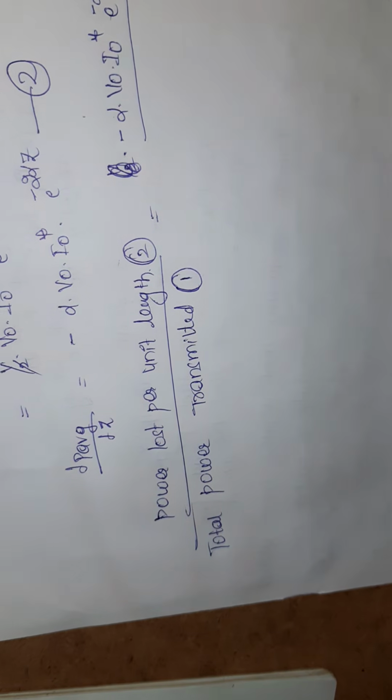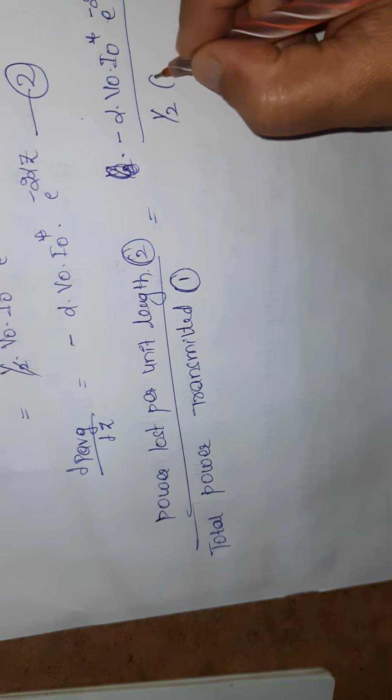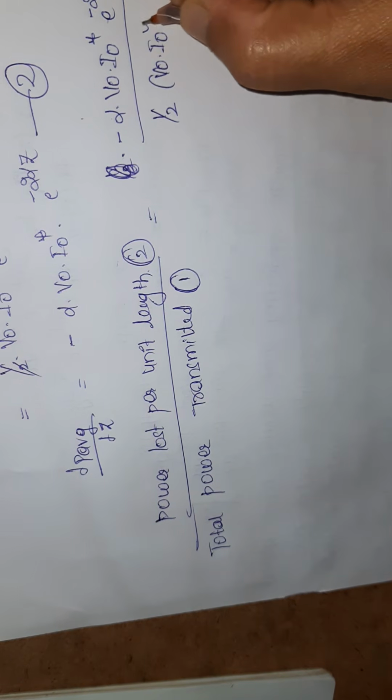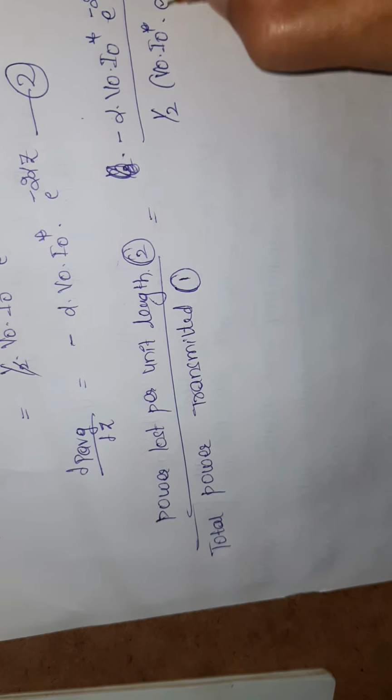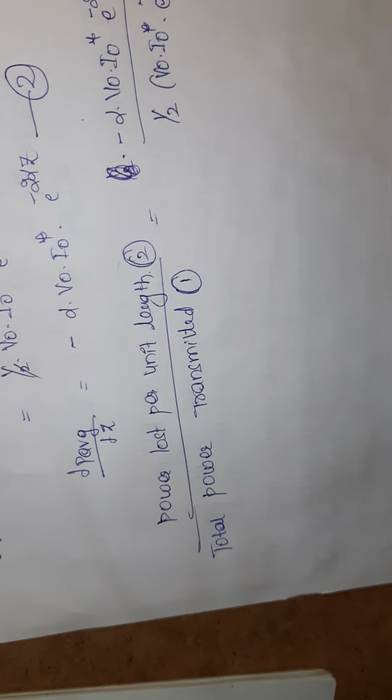What is P average? P average is 1 by 2 V naught I naught star e power minus 2 alpha z.